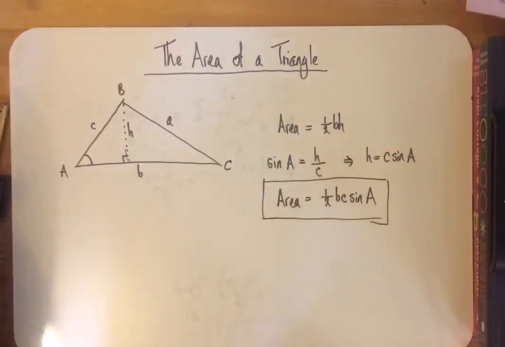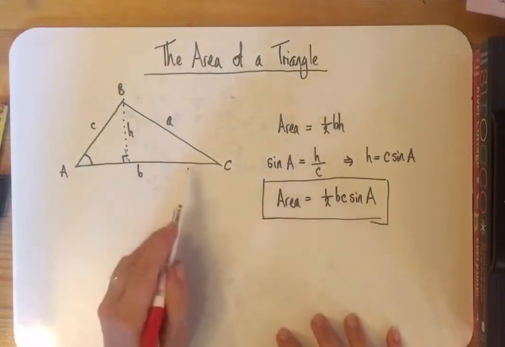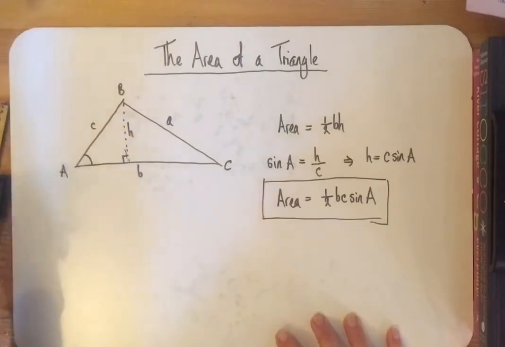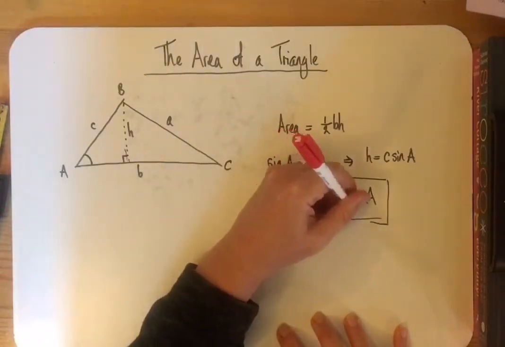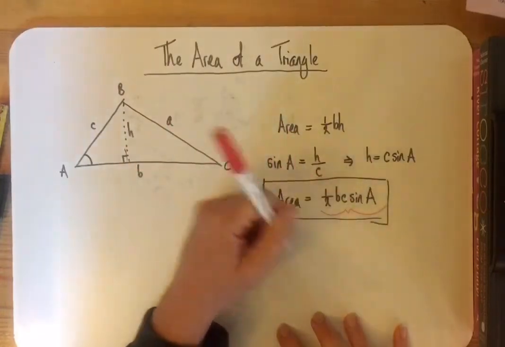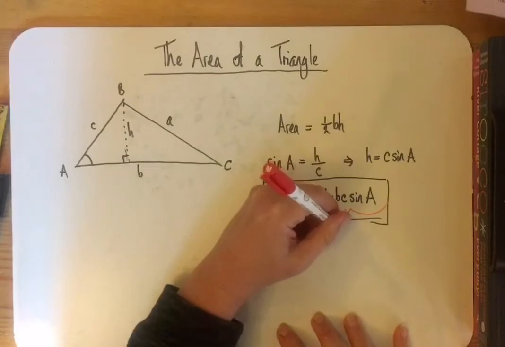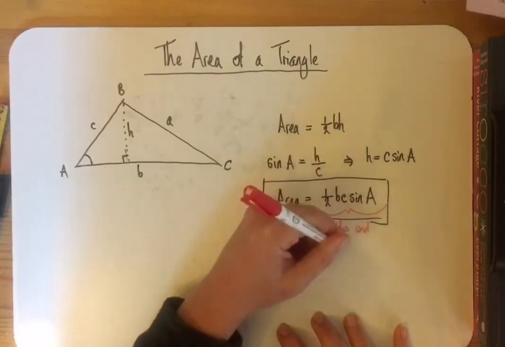When we did cosine, we talked about two sides and an included angle. If you look at the area of a triangle formula, I've got BC sine A, BC sine of the included angle A. And so similar to cosine rule, the right hand side of this equation involves two sides and the included angle.